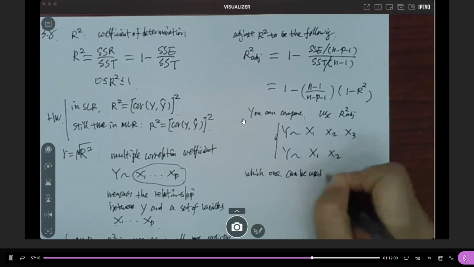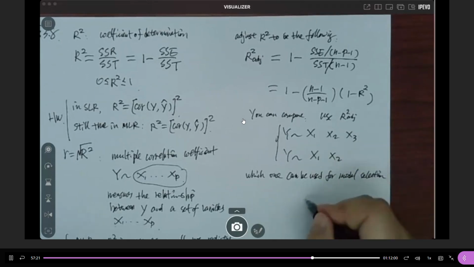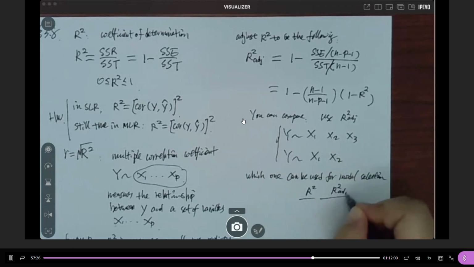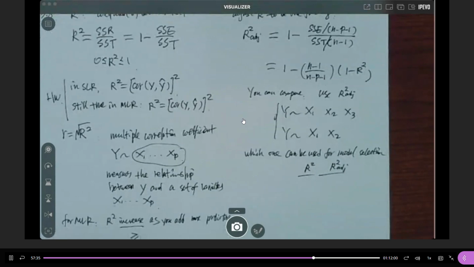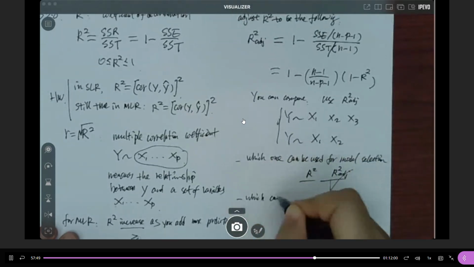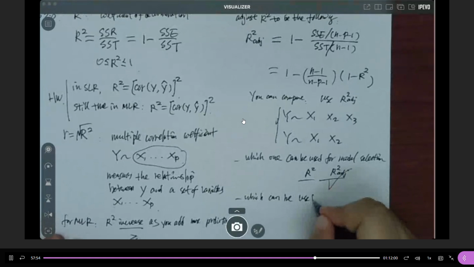So which one can be used for model selection, between R squared and R squared adjusted? R squared adjusted, okay? So the answer is R squared adjusted.